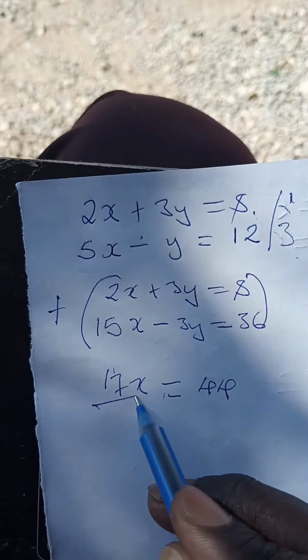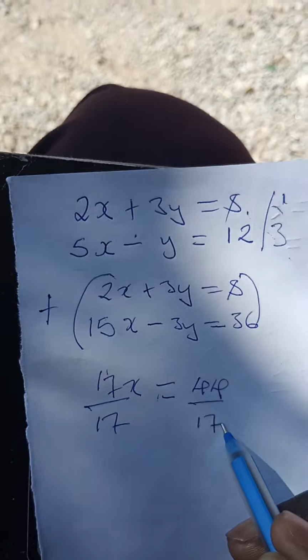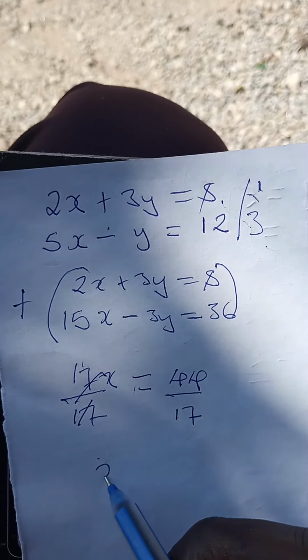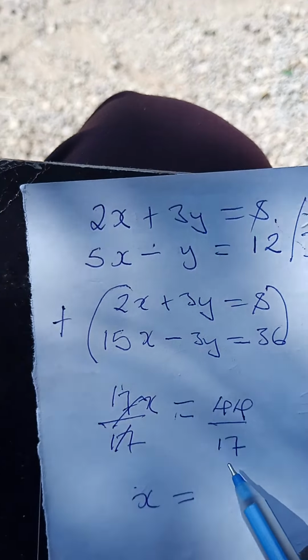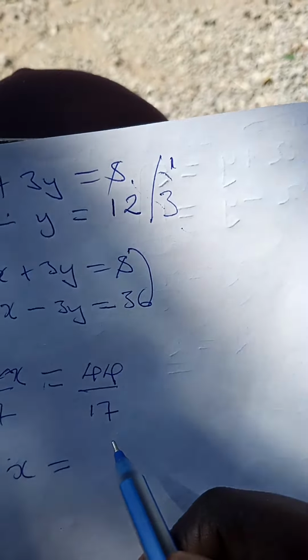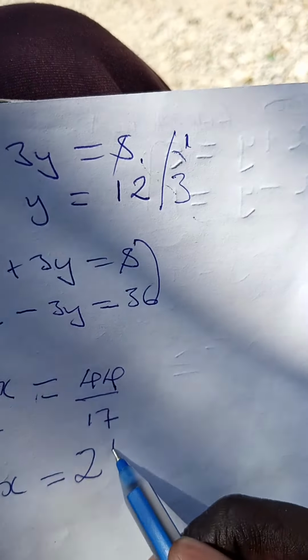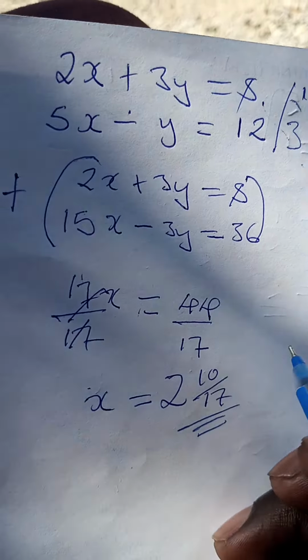You divide both sides by 17, so this and that will go, and we have x equal to 44 over 17. 44 over 17, if you divide it, you have something like 2 whole number, 10 over 17. So this is the value for x.